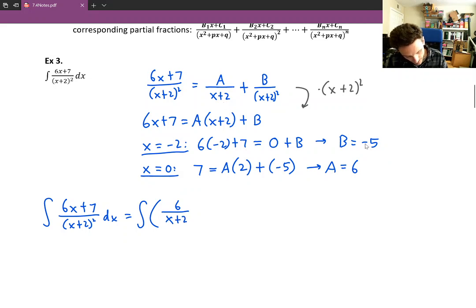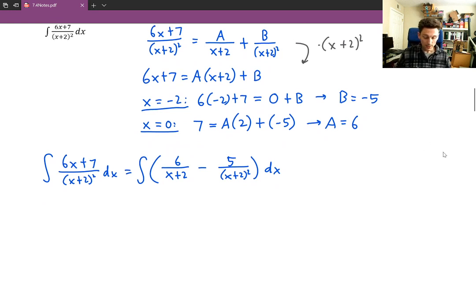Then plugging in b, which is -5, into b over x plus 2 squared, we've got minus 5 over x plus 2 squared, quantity dx. So now we can go ahead and integrate term by term. This will be easier to integrate term by term.